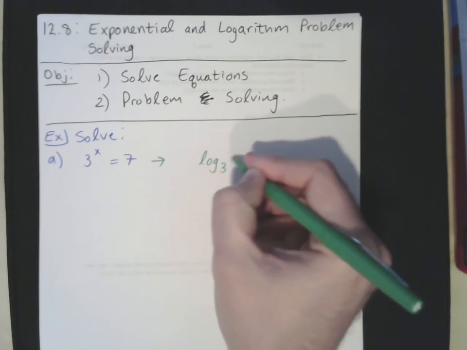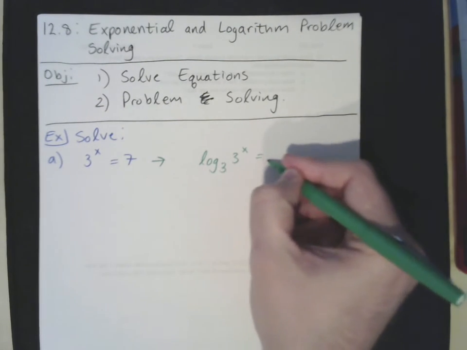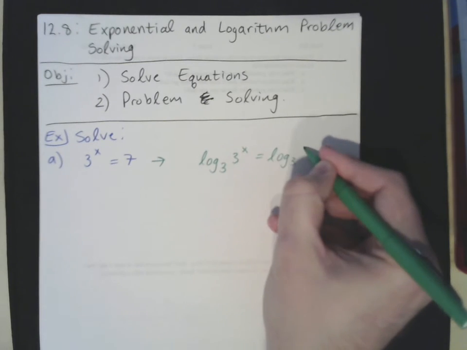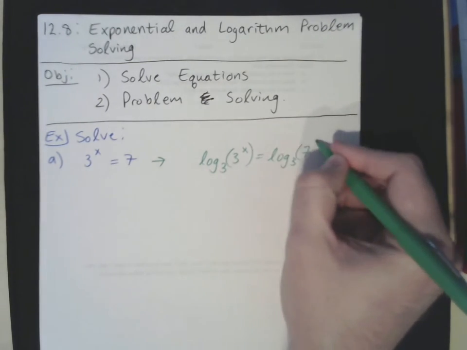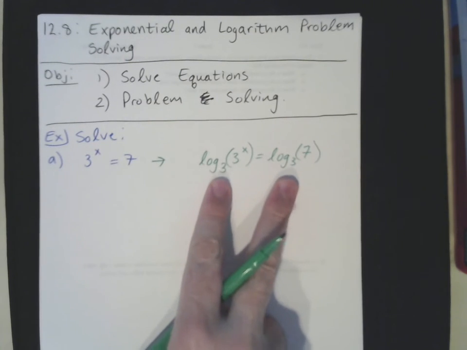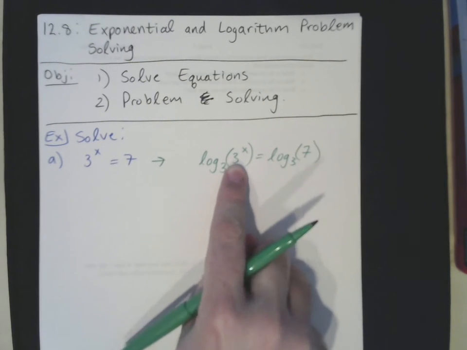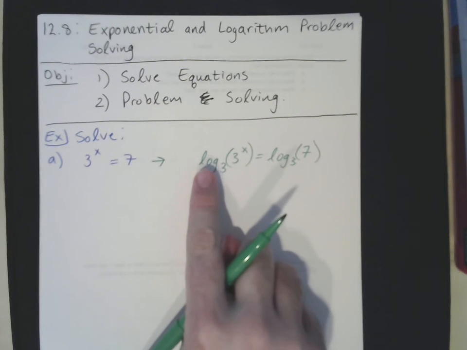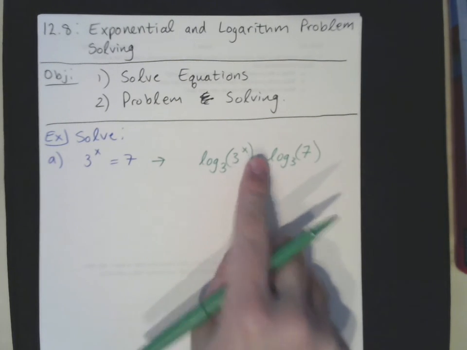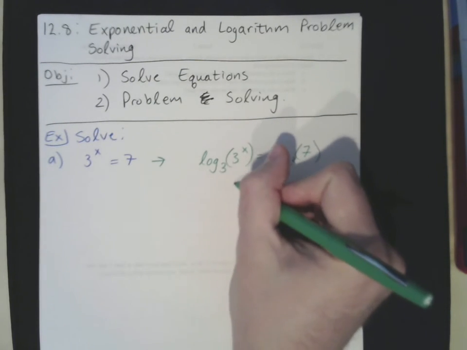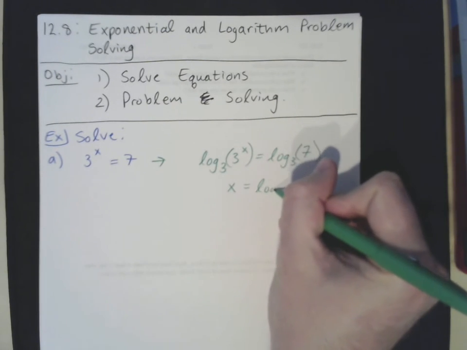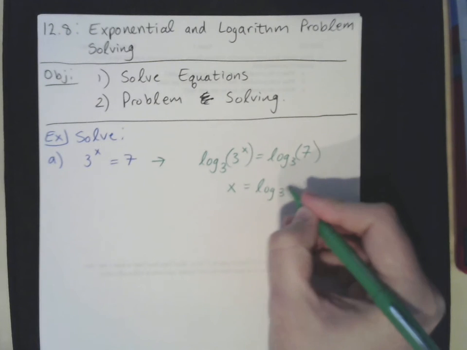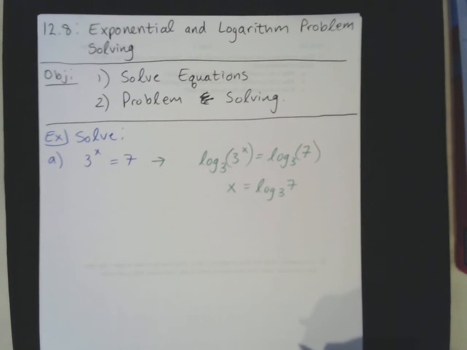So we can take log base 3 of 3 to the x equals log base 3 of 7. Notice we've taken both sides of our equation and applied the log with the base that we see, because log base 3 of 3 to the x, according to our properties, just becomes x. And this equals log base 3 of 7.